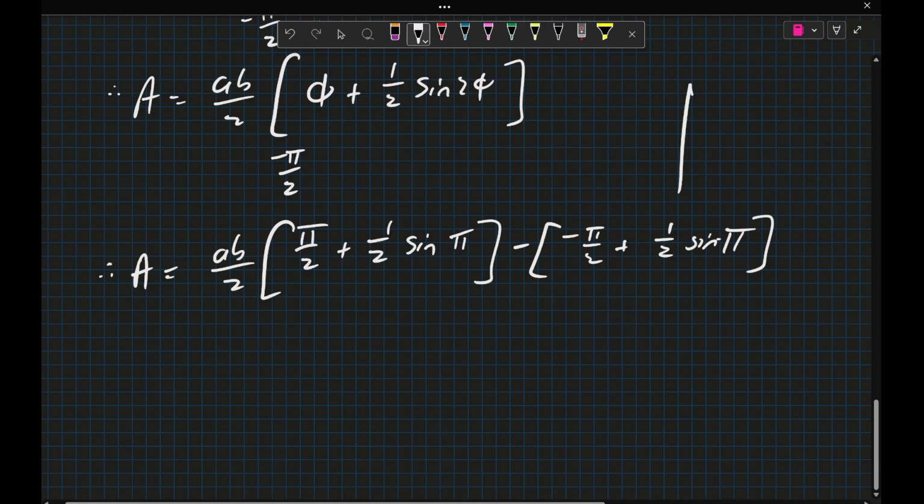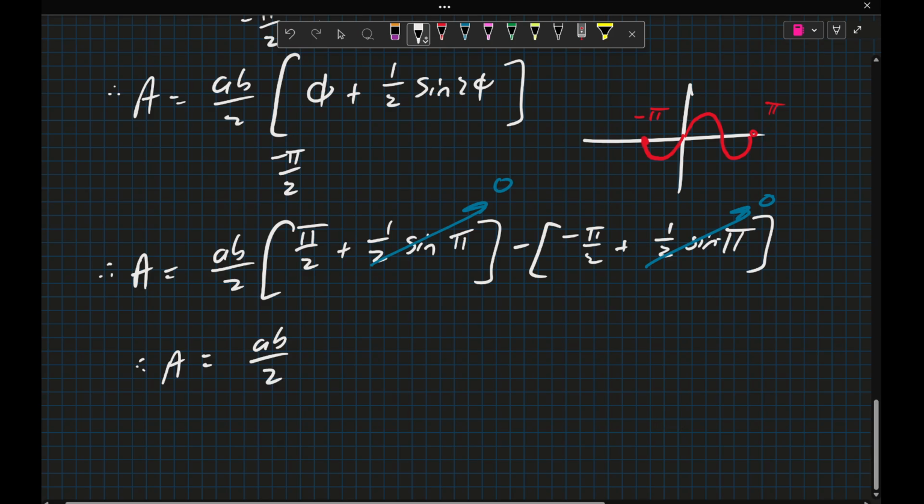But if we look at the sine graph, sine becomes zero at x equal to pi, and here as well at minus pi. So there's minus pi, and there's pi. That's when they both cross zero, going from positive to negative, or negative to positive in the case of minus pi. So in fact, these both go to 0. And all we're left with is ab over 2.